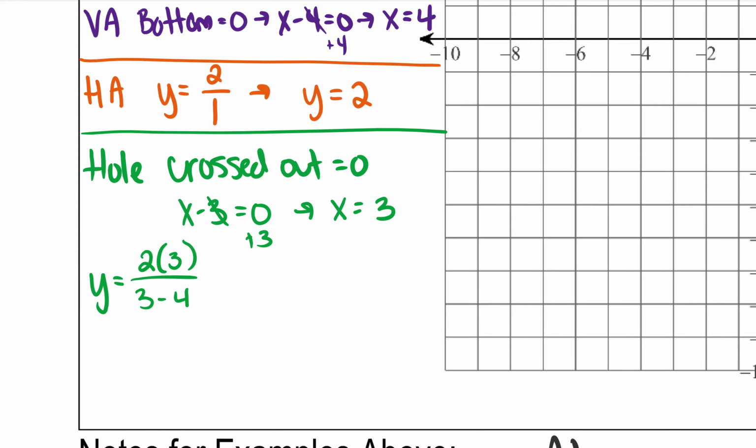So all you do is plug this x in for x on the equation and solve for y. So I have y equals 2 times 3 is 6 on top. 3 minus 4 is negative 1. y equals negative 6 over 1... so y equals negative 6?